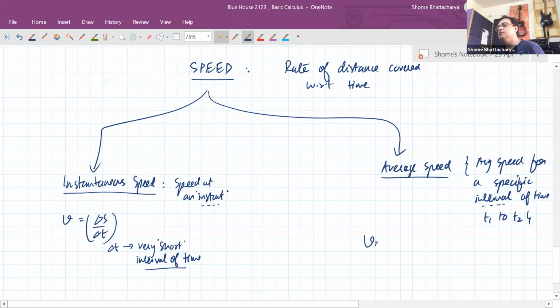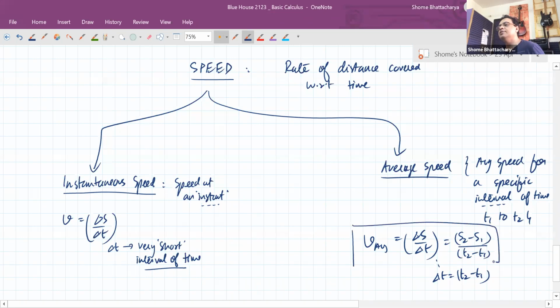So the average speed will be defined as delta S by delta T again. Okay, but this time delta T is a specific interval of time, T2 minus T1. Instead of being a very short interval of time, it's a specific interval of time between two distinct instants. So it is basically equal to S2 minus S1, the total distance covered in the total time T2 minus T1.